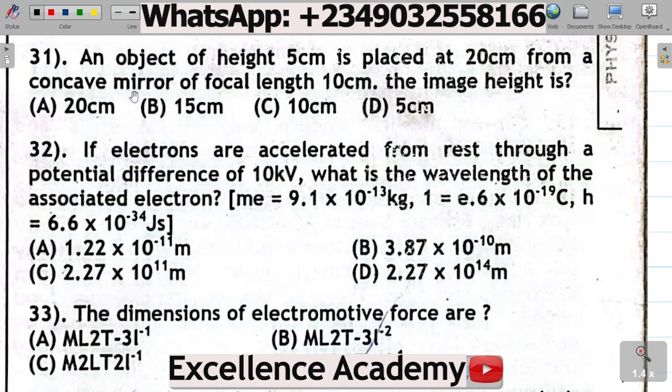Question 31 says, an object of height 5 cm is placed at 20 cm from a concave mirror of focal length 10 cm. The image height is A 20 cm, B 15 cm, C 10 cm, D 5 cm.